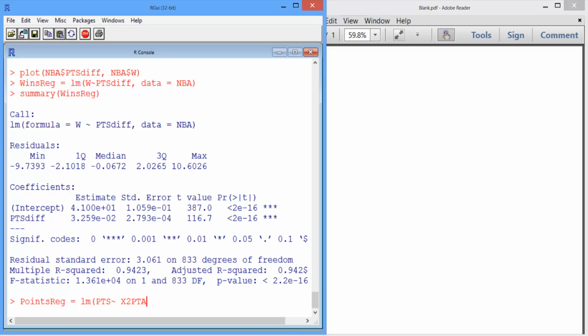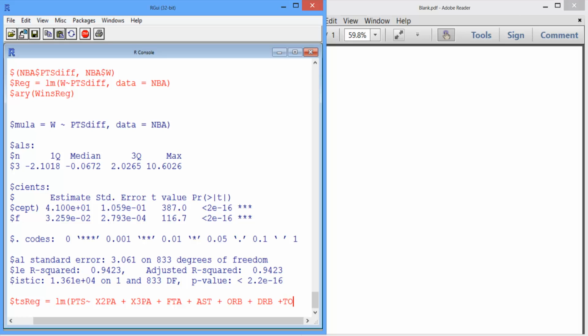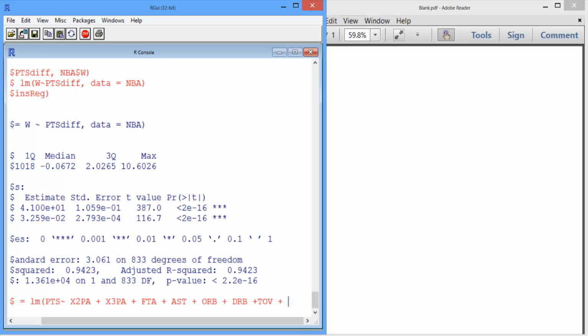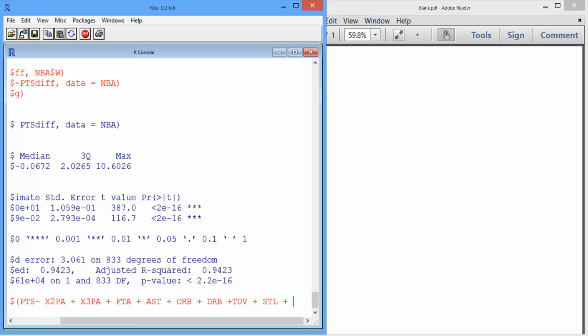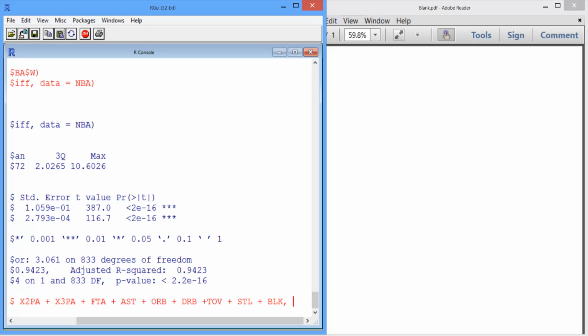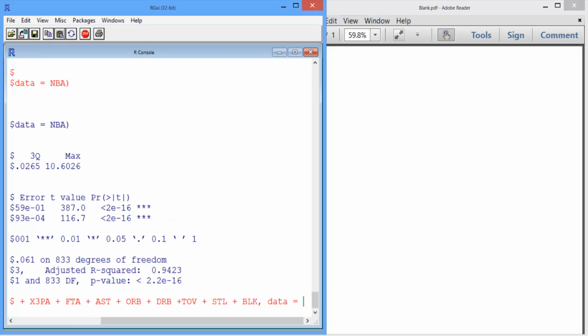So x2pa, that's for 2-point attempts, plus x3pa, 3-point attempts, plus FTA, free throw attempts, AST for assists, ORB for offensive rebounds, DRB for defensive rebounds, TOV for turnovers, and STL for steals. And let's also throw in blocks, BLK. Okay, and as always, the data is from the NBA dataset.